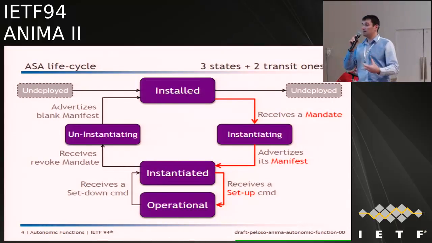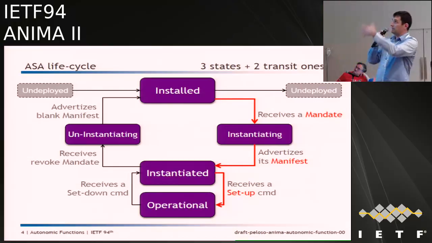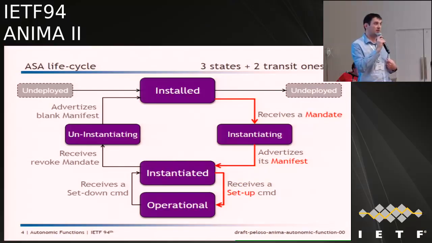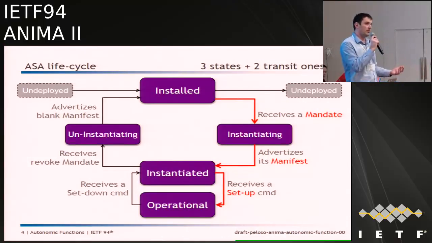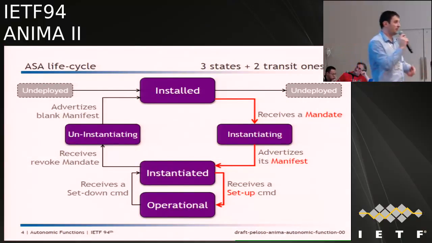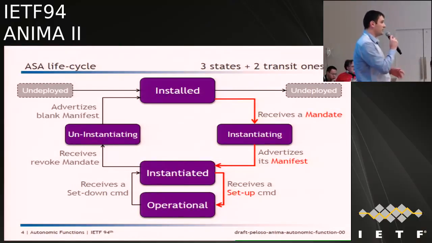Then once this is done, the ASA is instantiated, and then it can receive a setup or set down command. It means that there's a mechanism that can tell this ASA to run or not to run. Mainly because an operator may not want to have all his autonomic functions working all over his network at the same time.